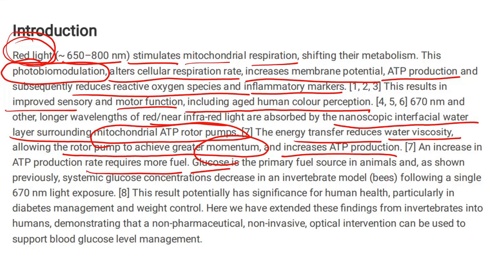Since glucose is the primary fuel in animals, they would think that the glucose would actually go down. And these authors have already shown that in bees. Okay, so now they want to show it in humans. So that's what they tried to do here, to look for a non-invasive, non-pharmaceutical way of dropping blood sugars.